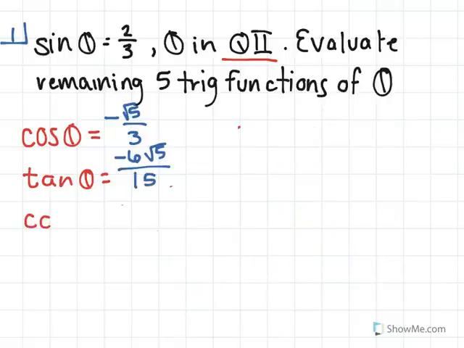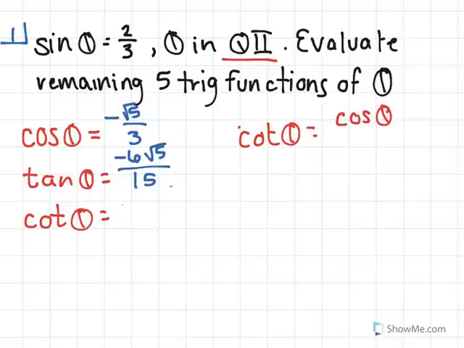Next, we can work on cotangent of theta. We know that cotangent theta is equal to cosine theta over sine theta. So again, similar with tangent, we can just plug in the values that we already have.